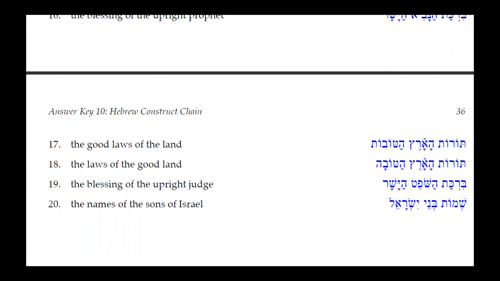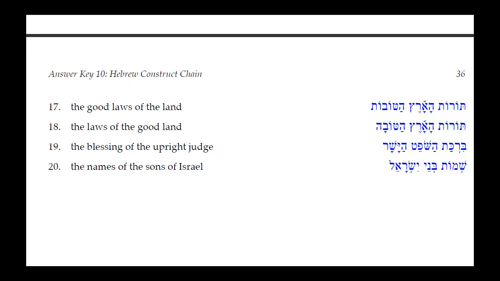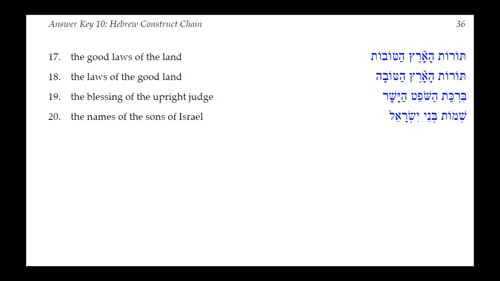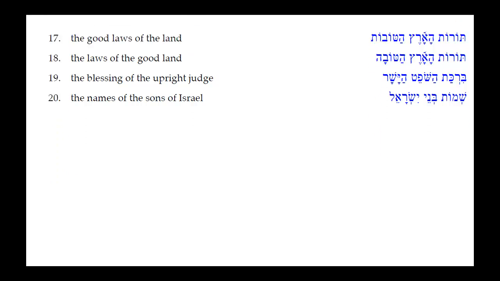Okay, let's just finish up the rest of our lesson here. These last ones. Okay, we want to look at the good laws. So laws is the construct noun, and land is in the absolute. So we have an adjective that agrees with laws that's in construct.